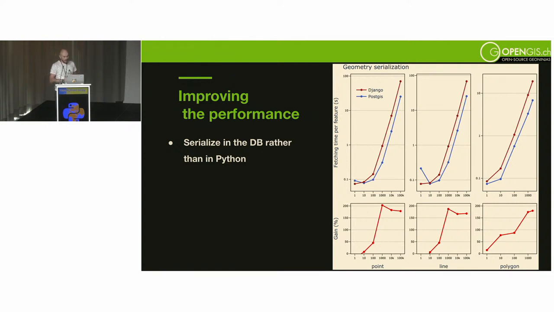If we only do the geometry, we're about two times faster. And the idea is probably to move the whole serialization to the DB. But still, even if it's 2 times faster, if you think about the layer before, that won't solve the issue.